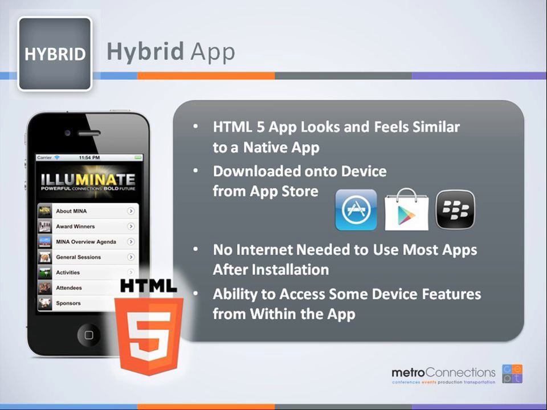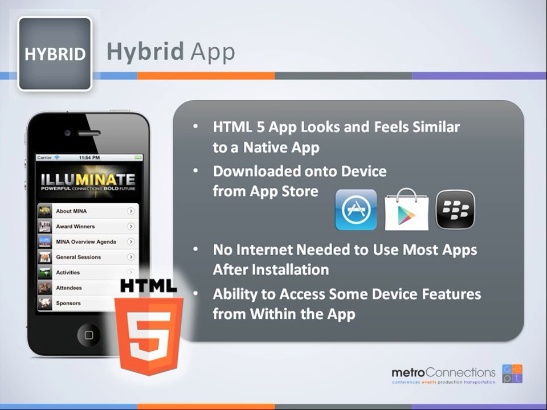So again, very limited offline stability for the web. Web Enhanced and Hybrid are both good. Now remember, for both Web Enhanced and Hybrid, the content that your attendees are seeing, so their personal agendas, their welcome letter, all of that is actually playing in a web browser. Even though the Hybrid app has a shell around it, the actual content still plays within the browser.